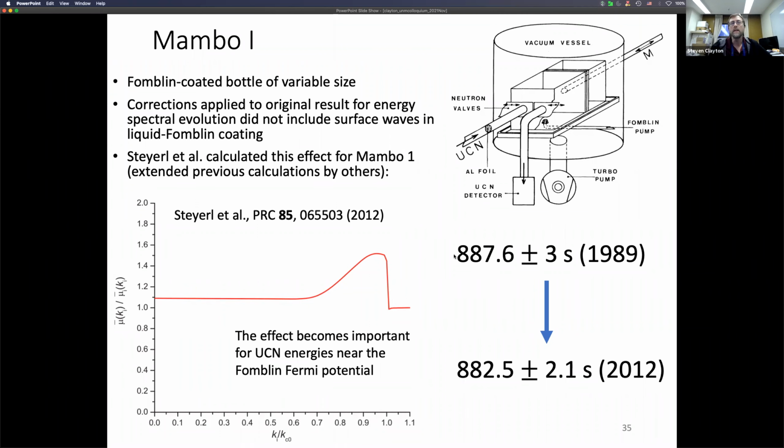What that did is it changed a major systematic correction, and it moved their result that they presented in 1989 down to this, where here it agrees quite well with the beam lifetime results, down to this 882.5, where it tends to come into more in line with the other bottle experiments.